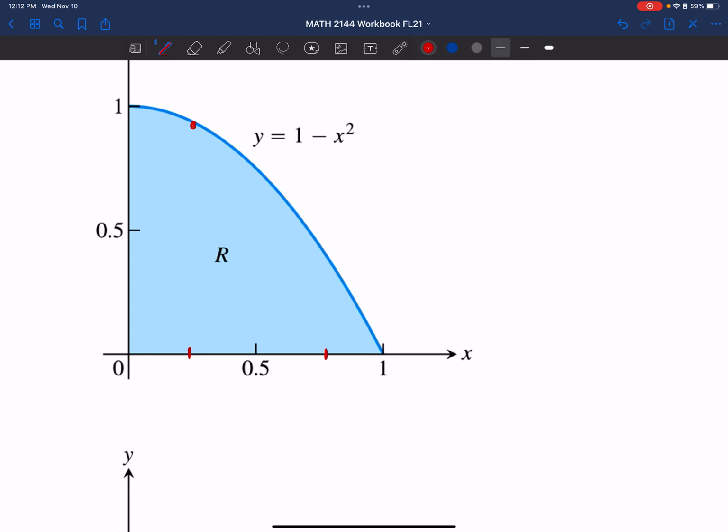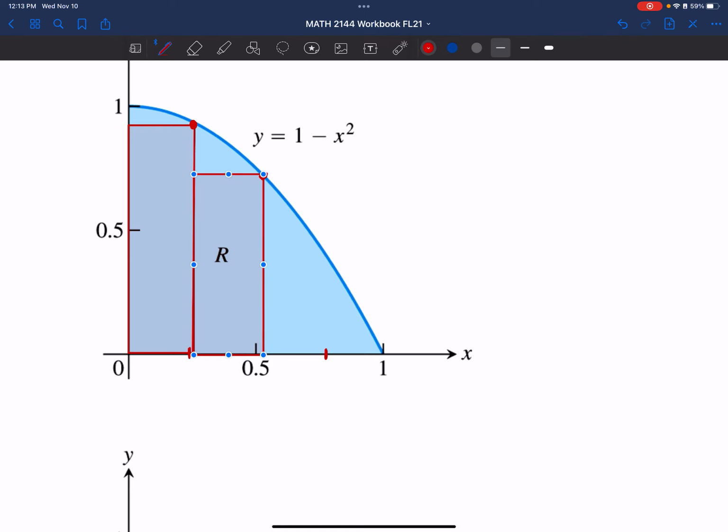And the first rectangle, we're going to make using underneath the function. So it's going to be the lower sum. So this right here is going to be my first rectangle. Now, that's good there. The second rectangle is going to be right here above 0.5. So let's get that in here.